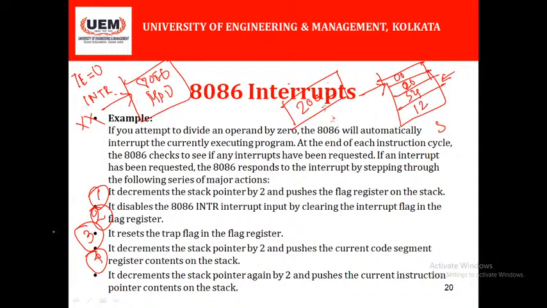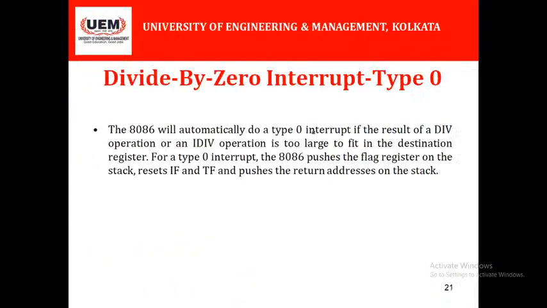Then it decrements the stack pointer once again by 2 and pushes the current instruction pointer contents to the stack. Suppose the instruction pointer holds the displacement value 0400. So 04 will be placed, then 00 will be placed in the stack. Now the stack pointer is pointing to the 00 location.